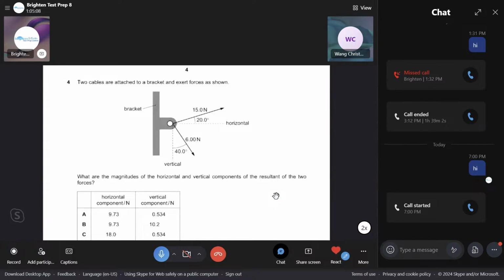Okay, so question 4. If I would have to draw something here first, what would I have to draw, Chris? What are we looking for? The vertical and horizontal for each force.